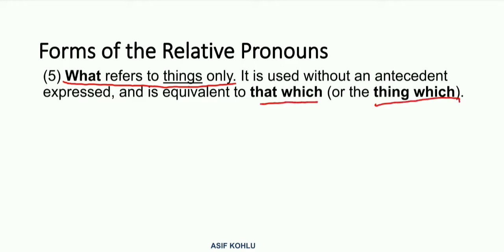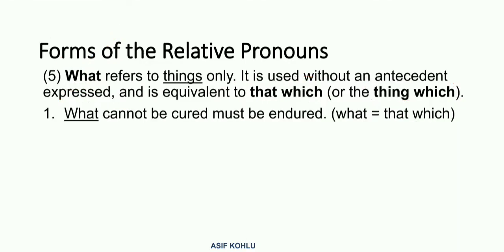This means the relative pronoun is used when there does not come any noun, any antecedent, before the relative pronoun what. And when what is used as a relative pronoun, it gives the meaning of that which or the thing which.